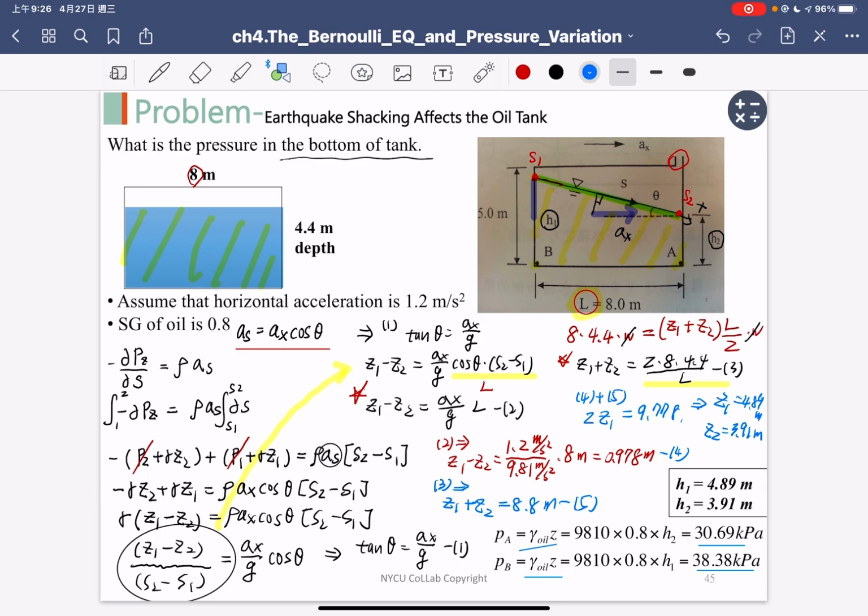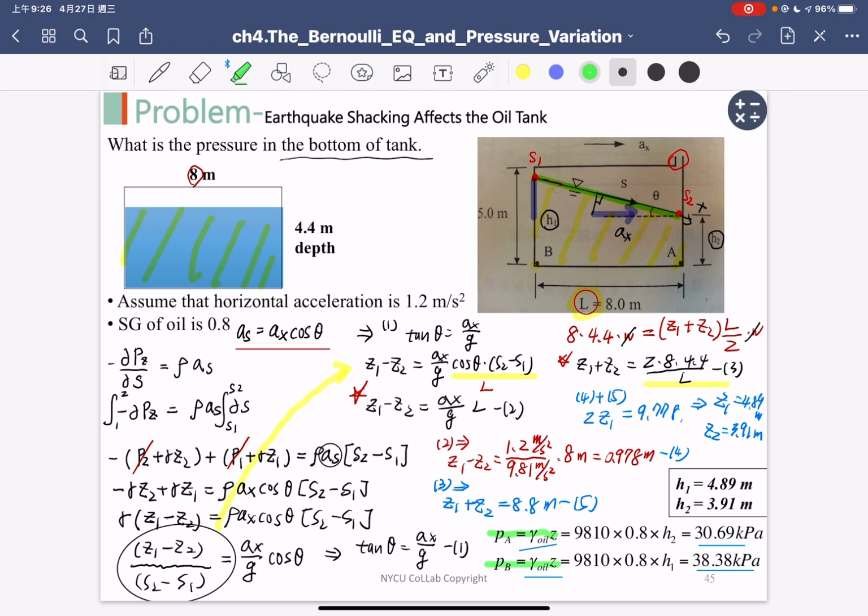Okay, so you have the numbers, so I won't calculate how large the pressure is. You just follow the hydrostatic equation showing here, and you can directly compute the pressure.